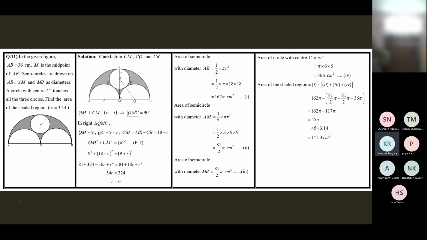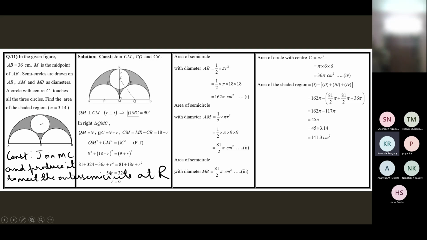Maybe I can write that for you. Construction: join MC and produce it to meet the outer semicircle at R. All right.